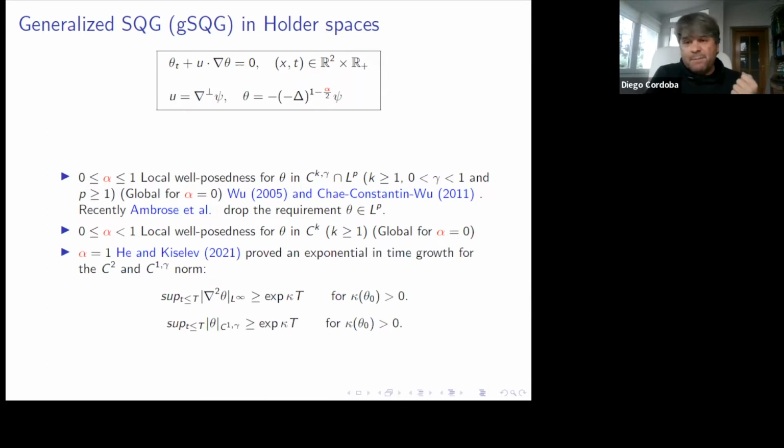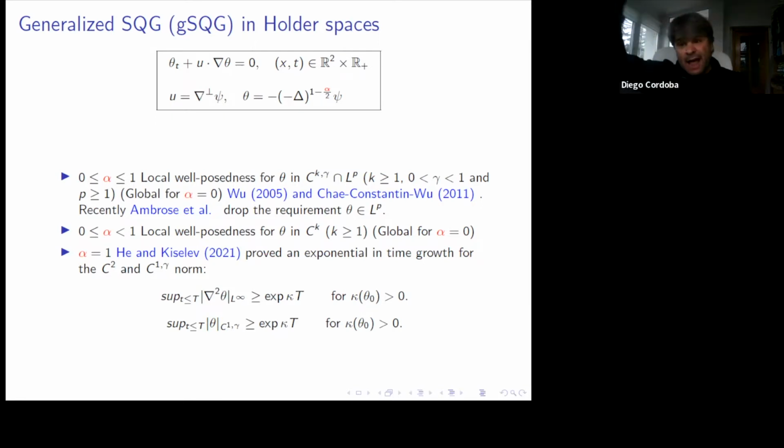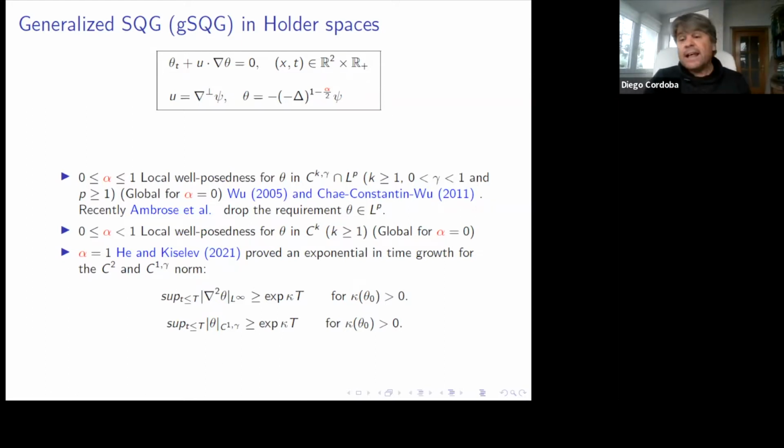In a recent paper that appeared a year ago, Sasha Kiselev and his collaborator proved for SQG that the C^2 norm, they constructed solutions that initially are small, and the C^2 norm grows exponentially in time, and this is for large times. And they also did the Hölder norm C^{1,gamma}, and they proved that this norm can also grow in time exponentially fast.